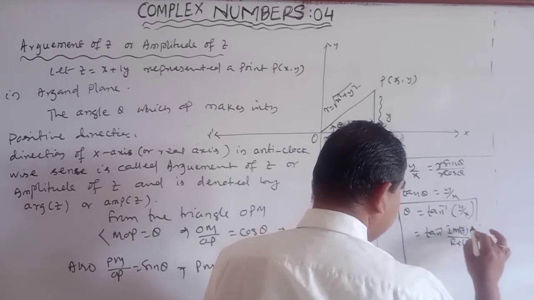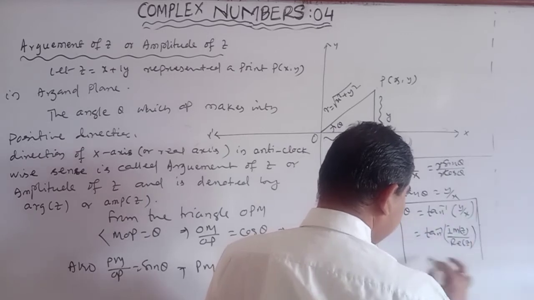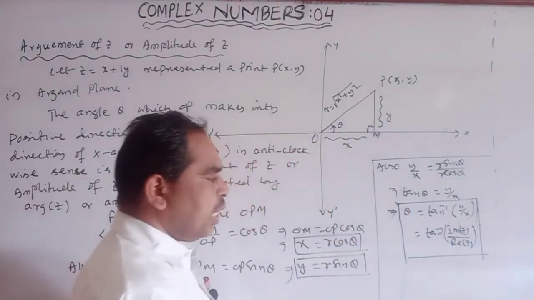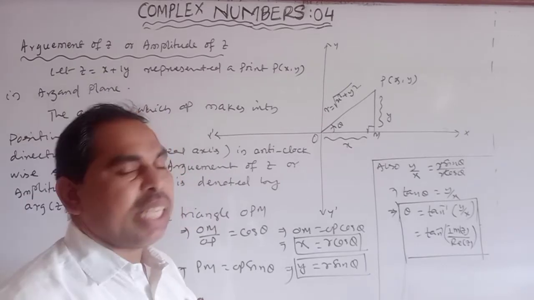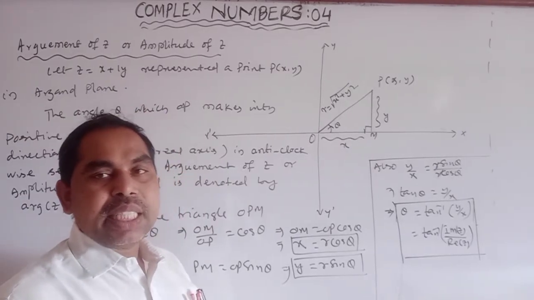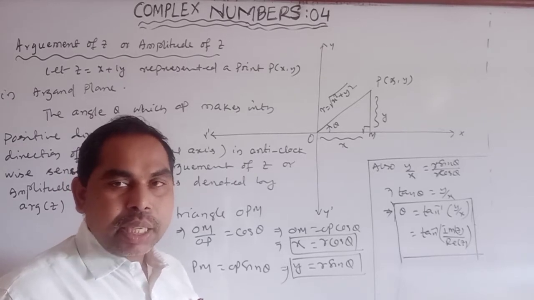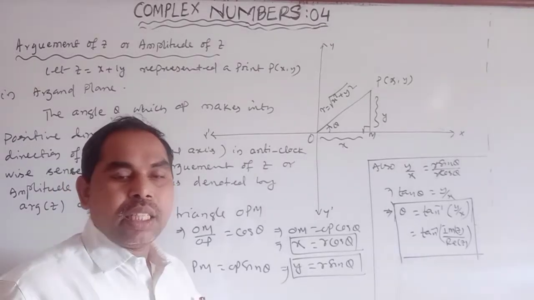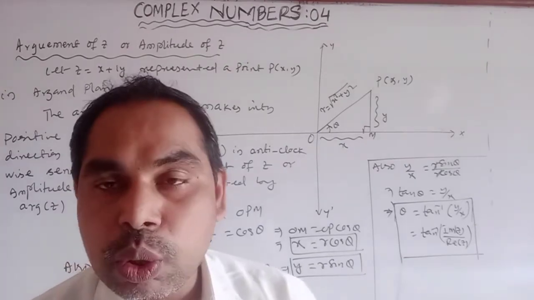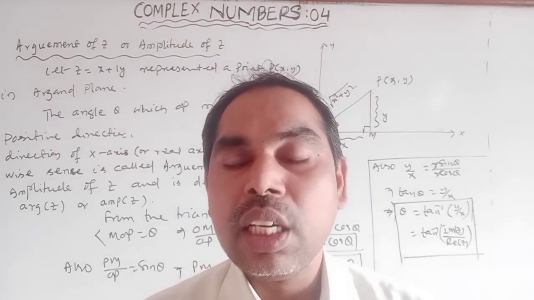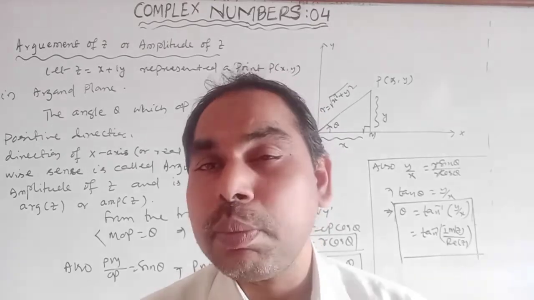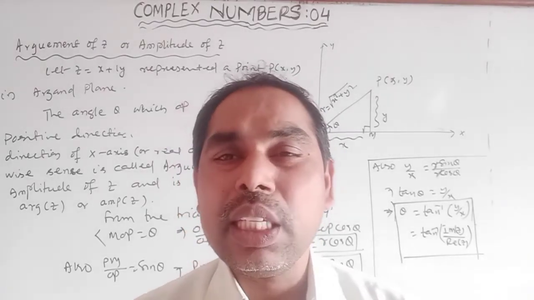Okay, this is theta, that means argument of z. Argument of z is equal to tan inverse. Suppose tan 45 degree is equal to 1.